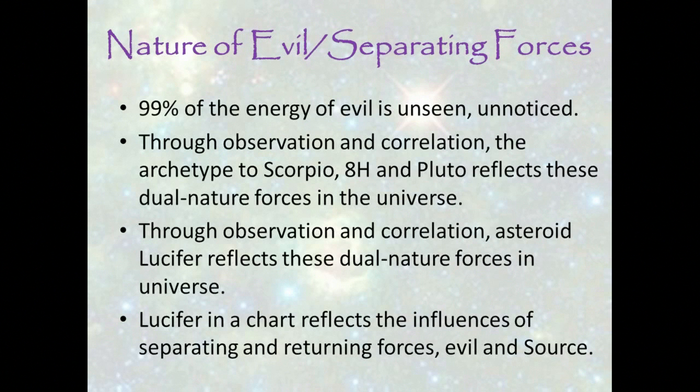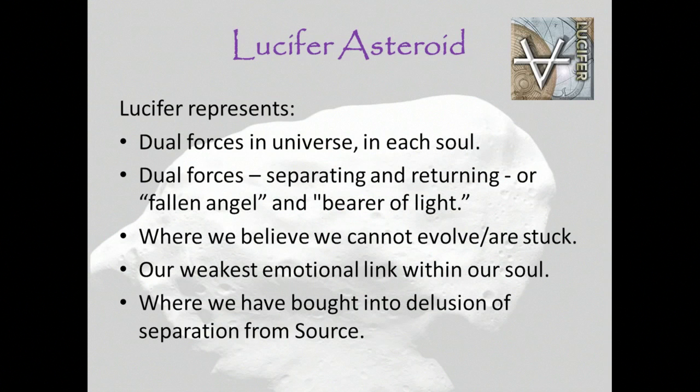And so we can actually look to the asteroid Lucifer in the chart to see a reflection of where these influences of separating and returning forces are actually happening in our own soul. Now, Lucifer, as an asteroid, as an archetype in evolutionary astrology, representing these dual forces in the universe, will show where this exists within each of our souls.